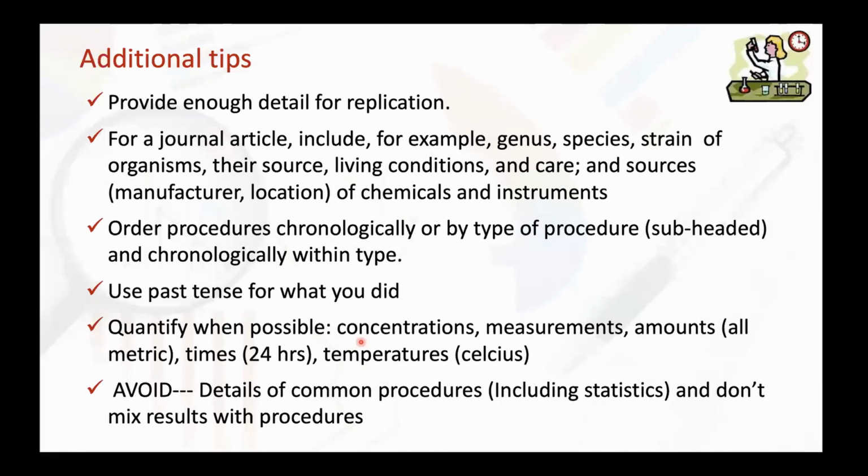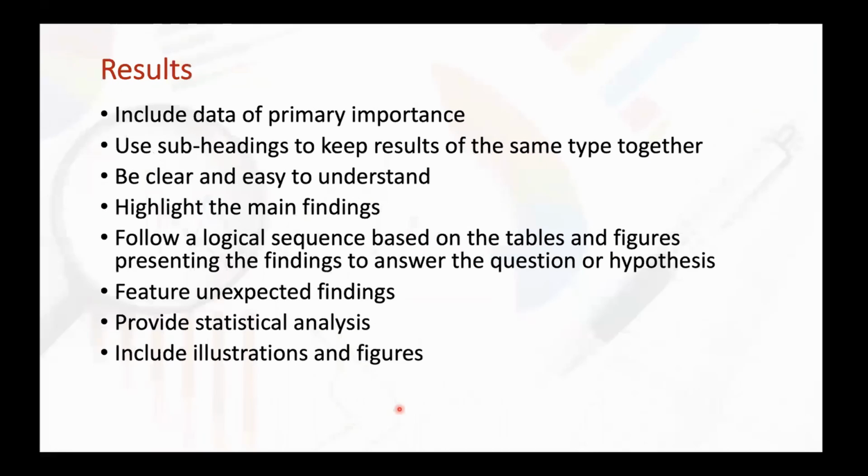You have to use them precisely. Avoid detailed common procedures, and never ever mix the results with the procedure, because in the methods section you only explain the method you used to do the work or the analysis.